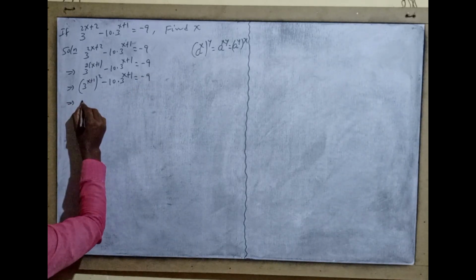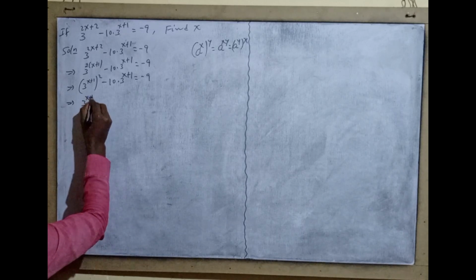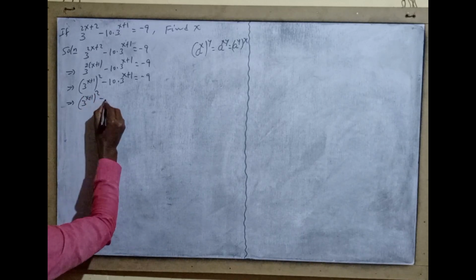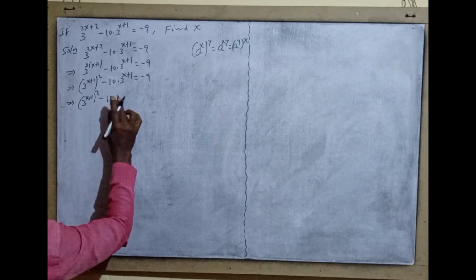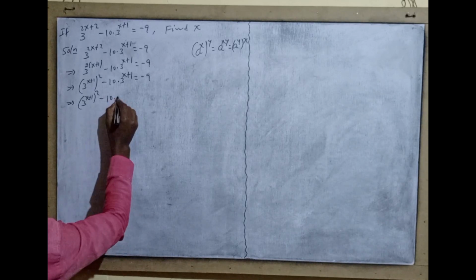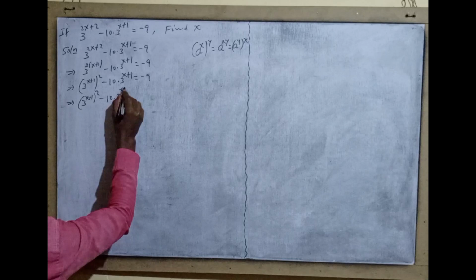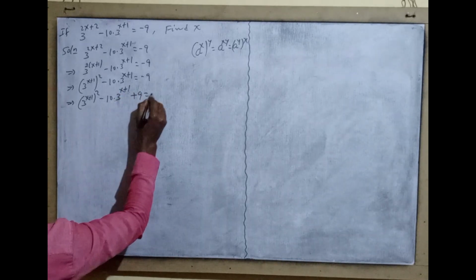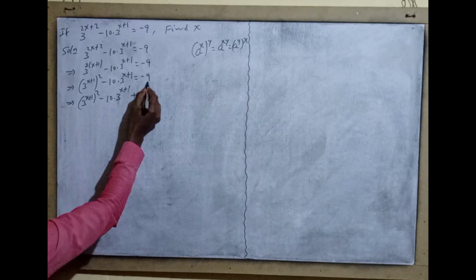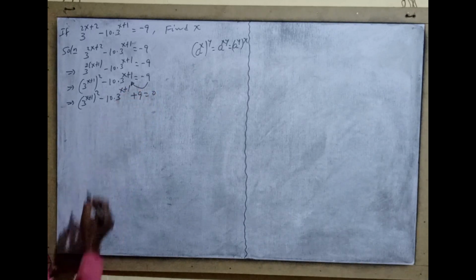This implies (3^(x+1))^2 - 10 × 3^(x+1) + 9 = 0. We bring this -9 to this side.